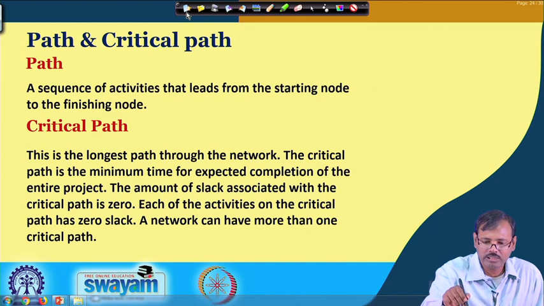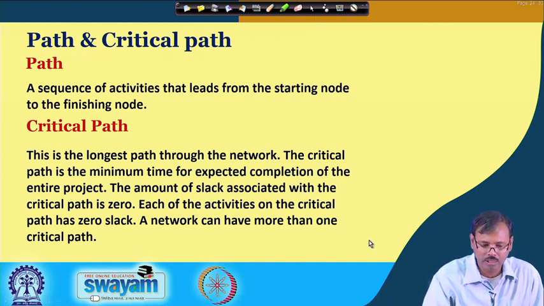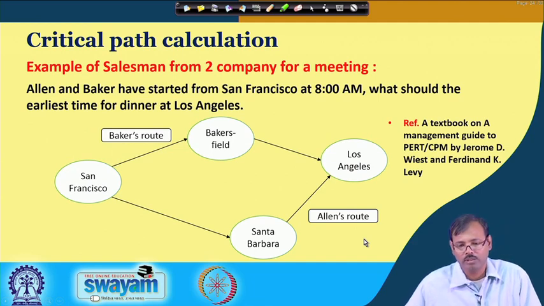Let us understand this with a small example. This example I have taken again from West and Levy's book. Let us consider a similar example to the one given in the introduction lecture, where we were going from Ghaziabad to Delhi.